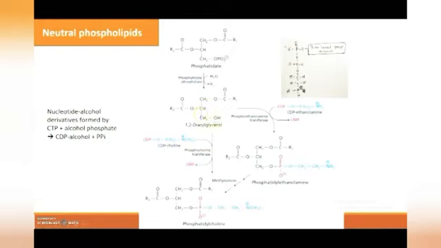But in glycerophospholipid, the next step is reacting 1,2-diacylglycerol with a nucleotide alcohol derivative, such as CDP-choline or CDP-ethanolamine.